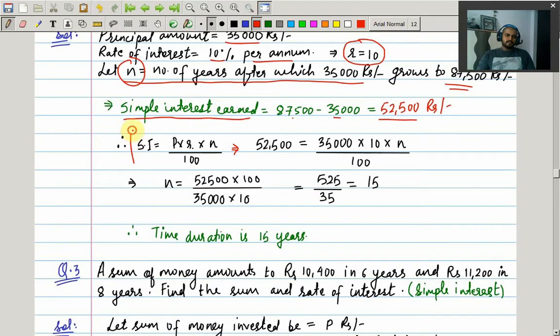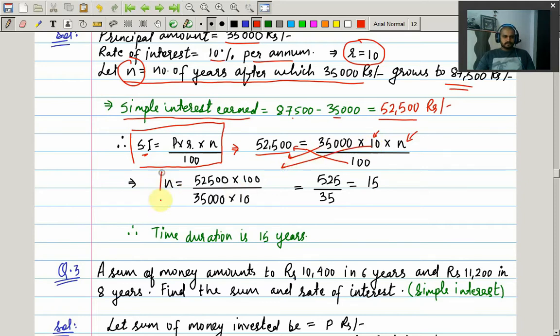So by this formula, simple interest is equal to P into R into N upon 100, where this SI, 52,500, is my simple interest. 35,000 is my principal amount, rate is 10%, and this N is unknown. So shift this to this side, and this 35,000 is coming into the denominator, and this 10 also.